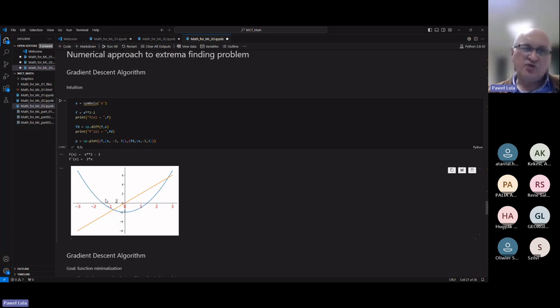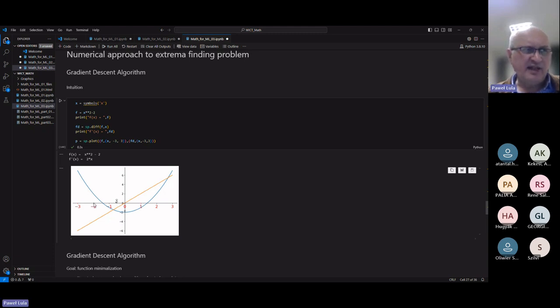First, I should start my process at one point which I can choose randomly. For example, I choose this value, minus 2, as a starting point. And at this point, minus 2, we do not have a minimum value.